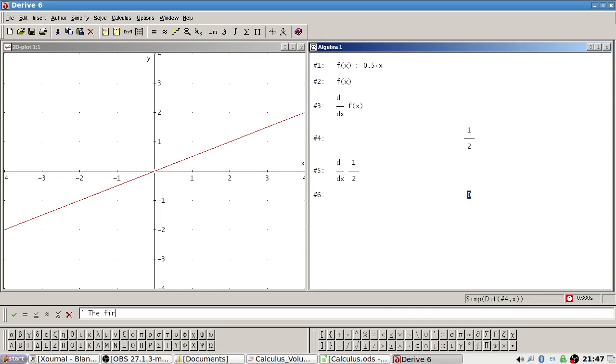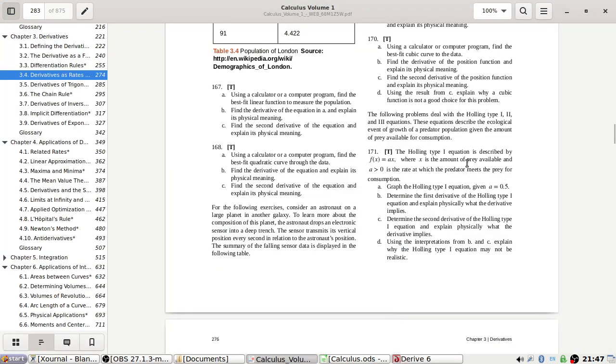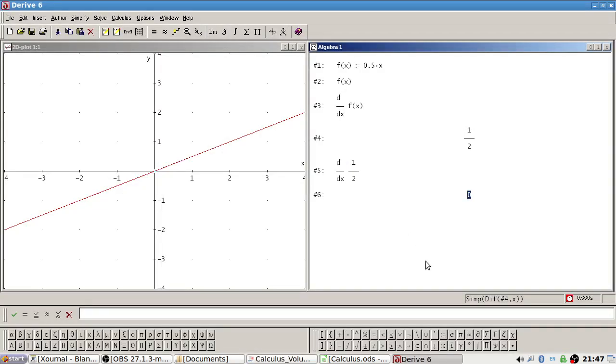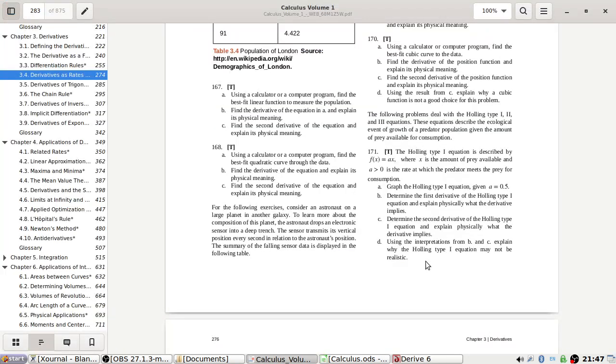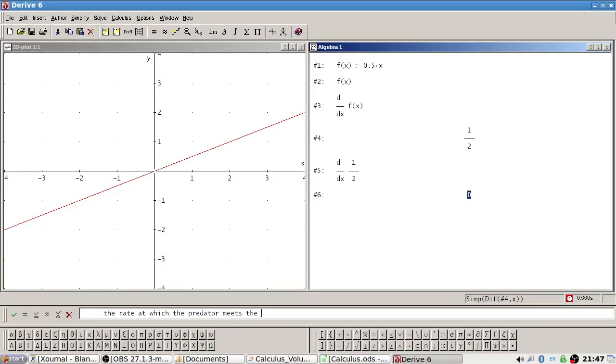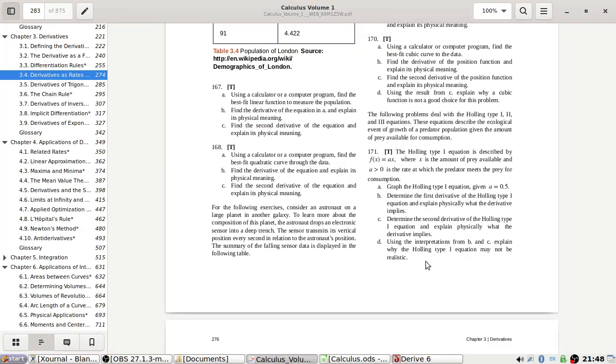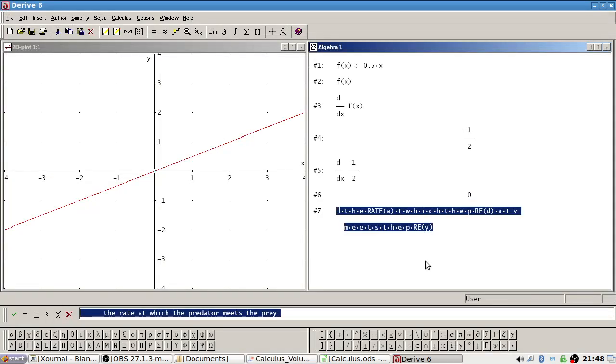So the first derivative, okay, let's think about what this means. Where x is the amount of prey available and a is the rate at which the predator meets the prey. So the first derivative was the a, the rate at which the predator meets the prey.